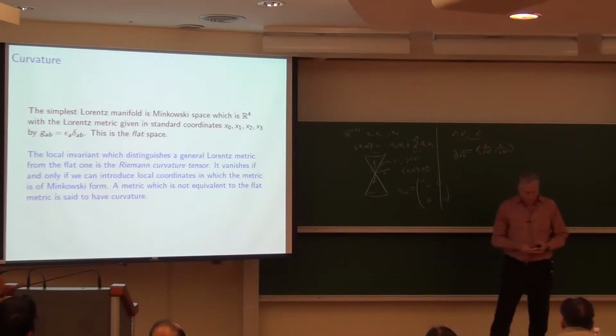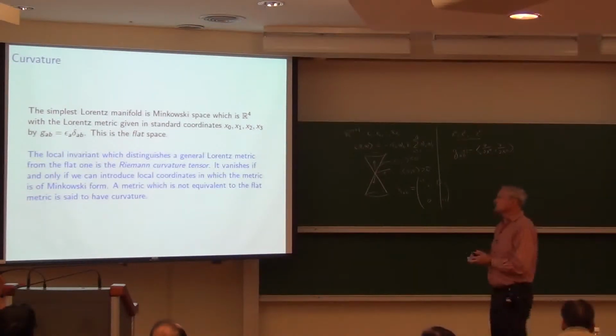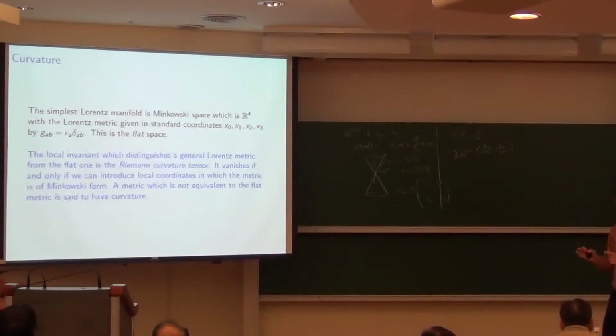Okay, and so the local invariant which distinguishes the general Lorentz metric from the standard one, from Minkowski space, is called the Riemann curvature tensor. It's a fairly complicated expression. It's a difficult calculation that Riemann did in order to solve that problem. And the point is it vanishes if and only if, after a change of coordinates, the metric becomes the Minkowski metric. So that's called the Riemann curvature tensor.